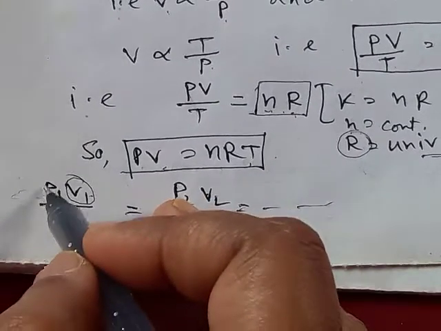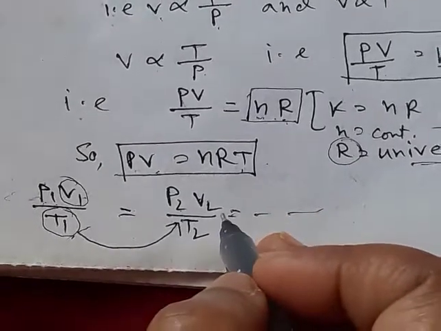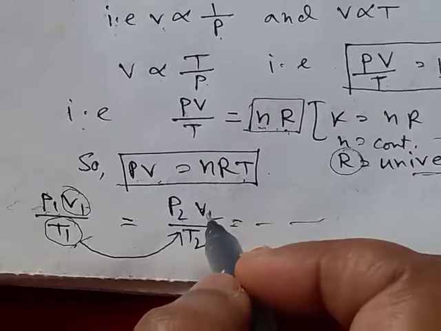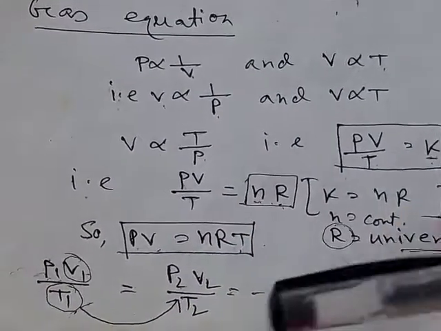So here the variables are 1, 2, 3, 4, 5, 6. 6 variables. If 5 variables are known, then we can determine the remaining variable.